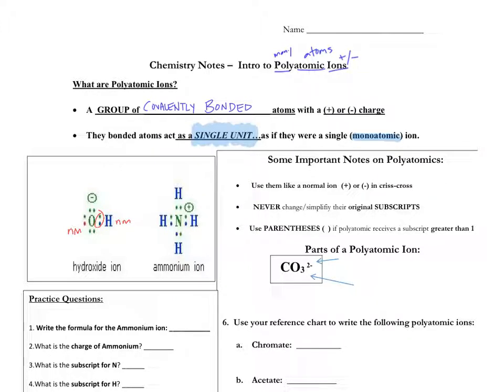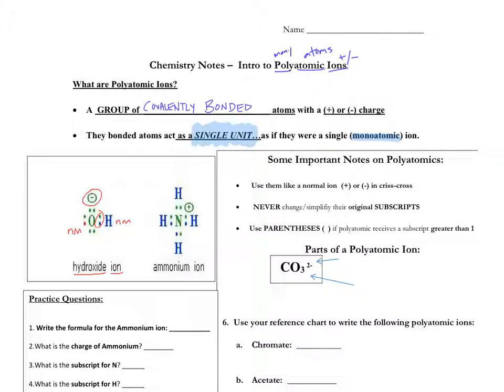Because I have a covalent bond, and the key here is that they have a charge, this is what makes it an ion. Covalently bonded atoms with a charge become ions, specifically polyatomic ions. So this is what we call a hydroxide ion.